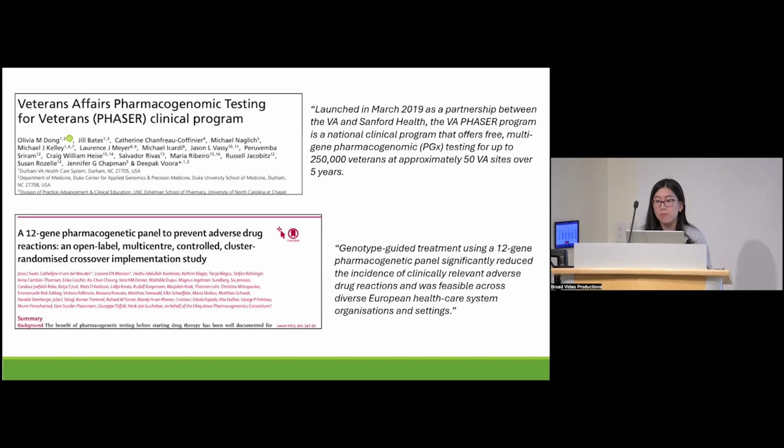For example, there's the VA PHASER program, which currently is offering pharmacogenetic testing for over 250,000 veterans at a number of VA sites. And then in Europe, last year, they published the impact of using a 12-gene panel that reduced the incidence of clinically relevant adverse drug reactions. So there is definitely work being done in this area with some of these variants that have shown to have some effect.